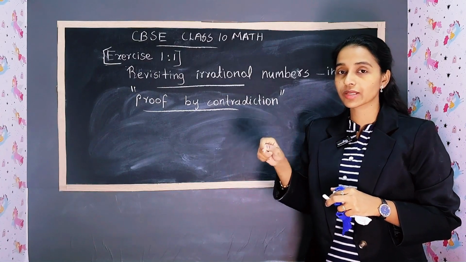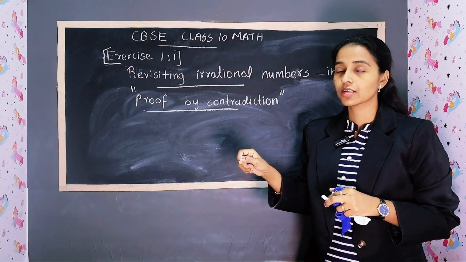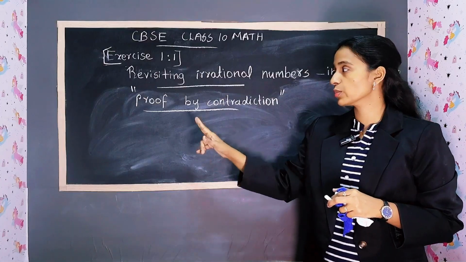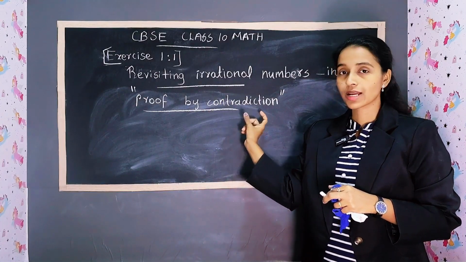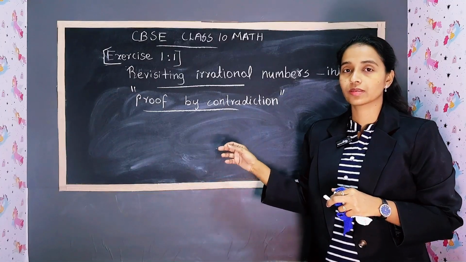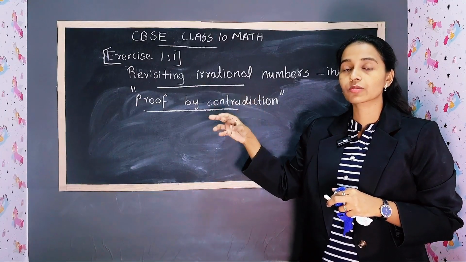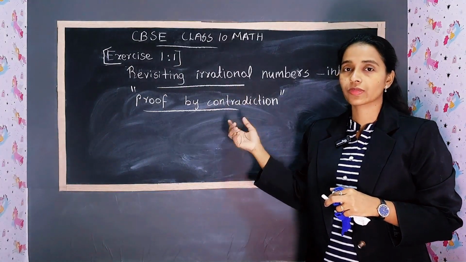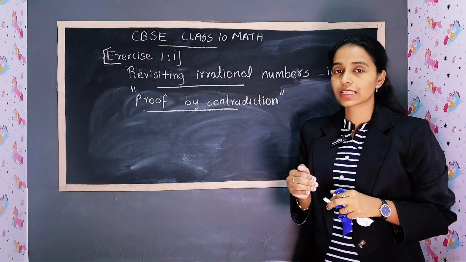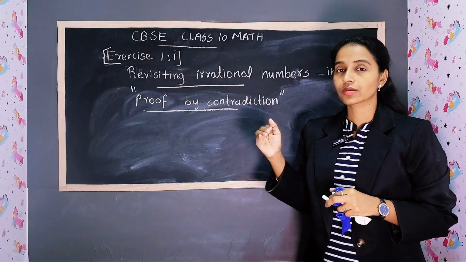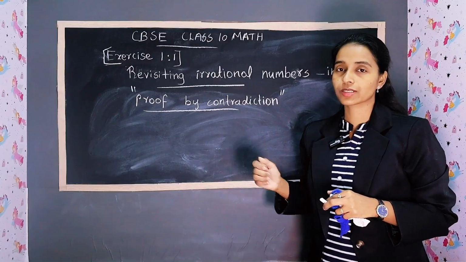Your statement is true, right? This concept is called proof by contradiction. Contradiction means something wrong, it's like proving something is wrong. If you understand this example, you'll be able to understand this concept.